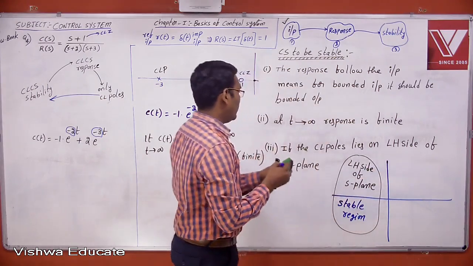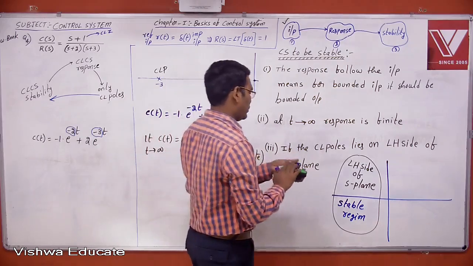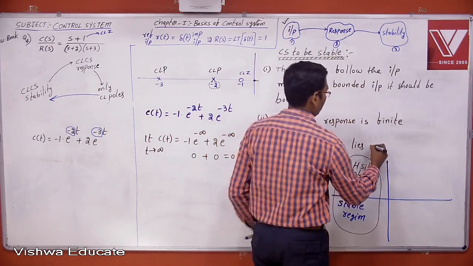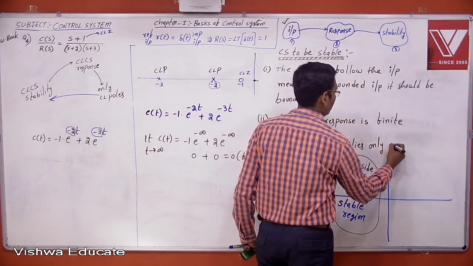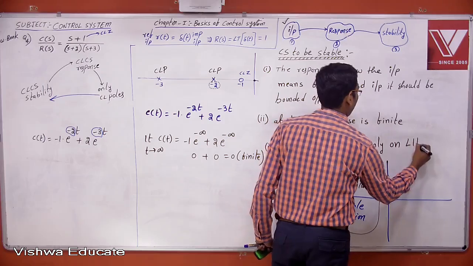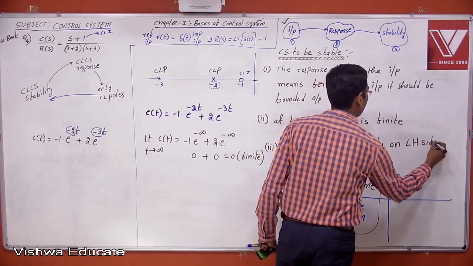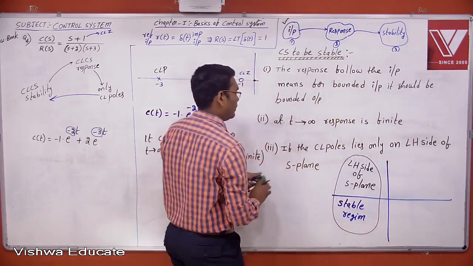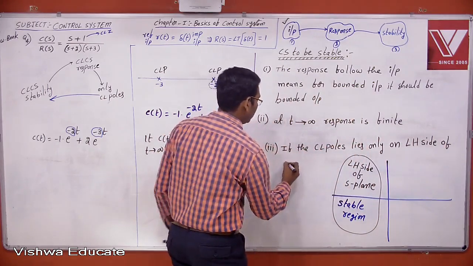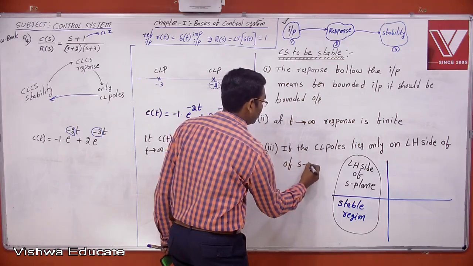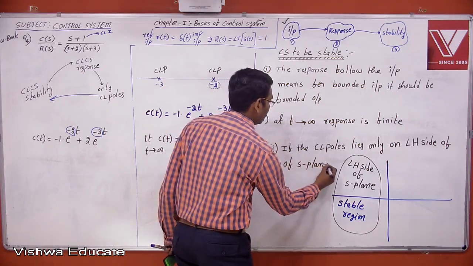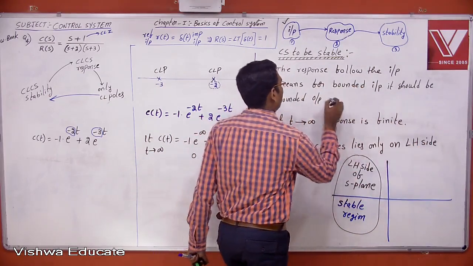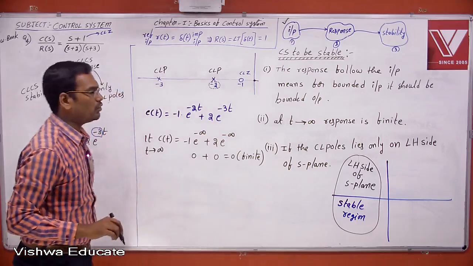If the closed loop poles lie only on the left hand side of the S plane, then this closed loop control system is stable.